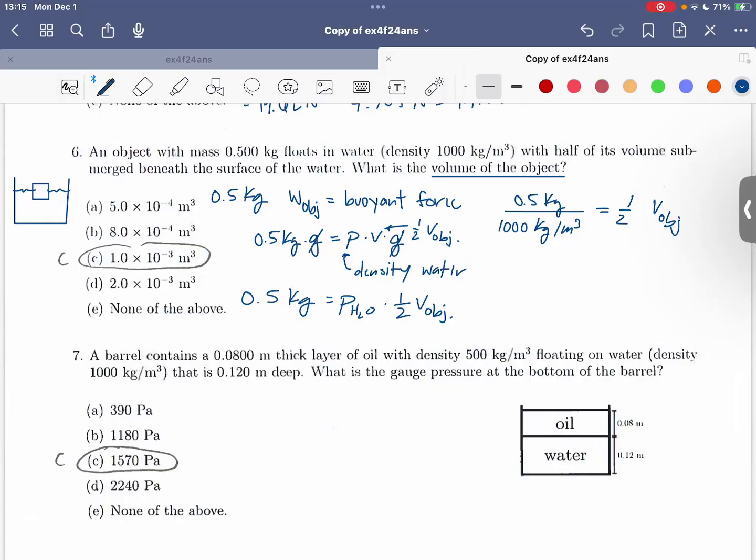That would be what we get when we multiply or divide everything out. And then you multiply by 2, and we're left with 1 times 10 to the negative 3 meters cubed is equal to volume object. Okay, and then that is our answer.